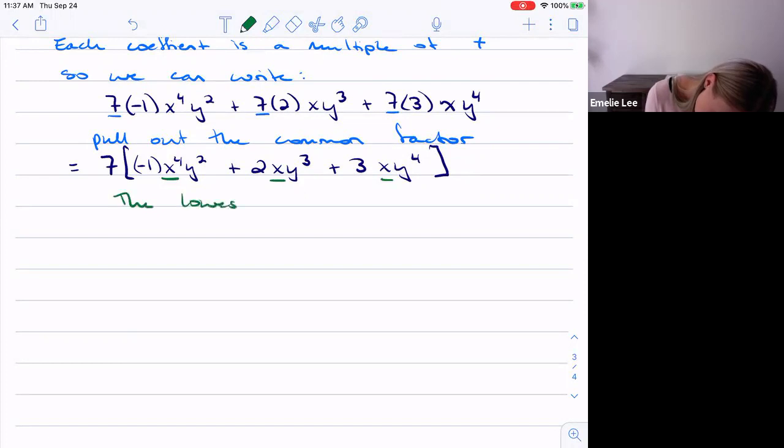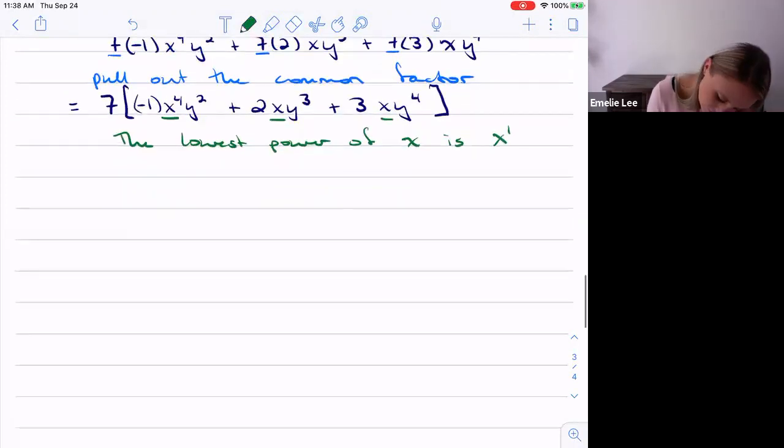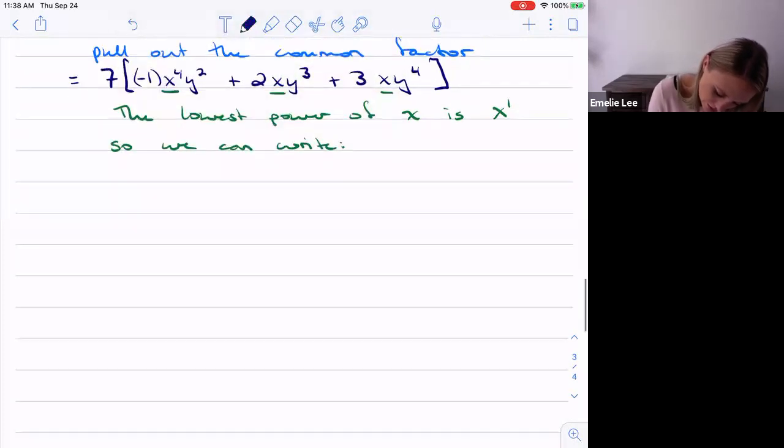The lowest power of x is x to the power of 1. So we can write, doing the same thing that I did earlier with the 7, keeping the 7 on the outside a little bit longer.